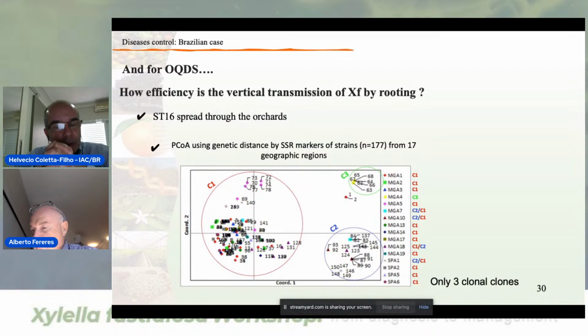So the first question I asked was about the efficiency of the vertical transmission of Xylella by rooting.